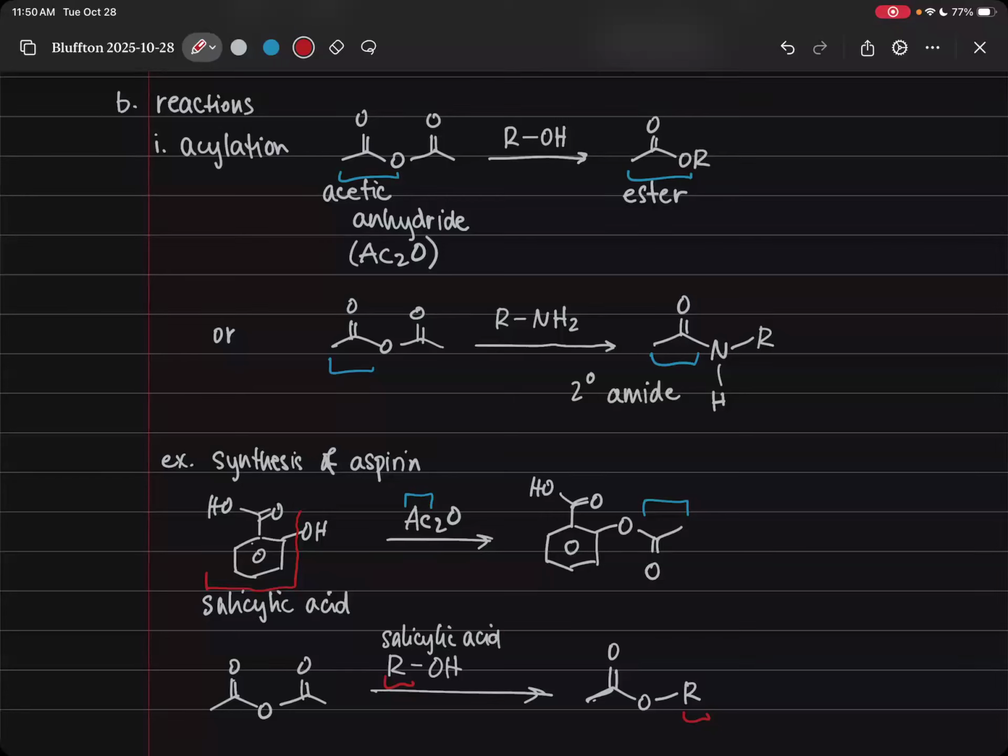But whenever this does a reaction, it's going to split in half. Okay, questions on acid anhydrides?